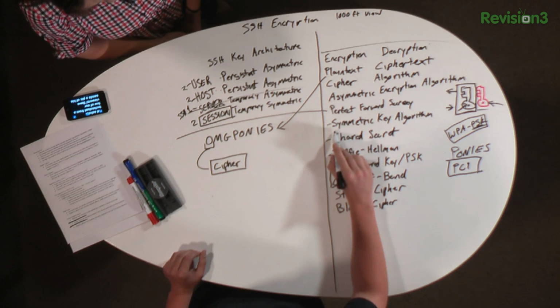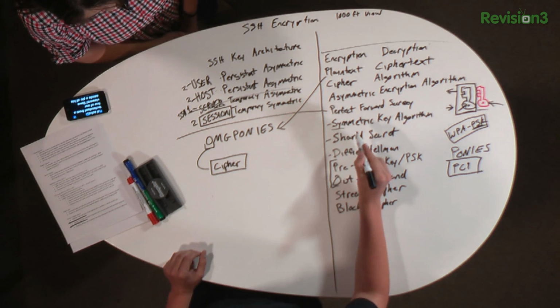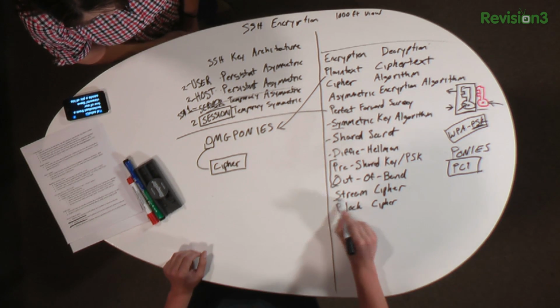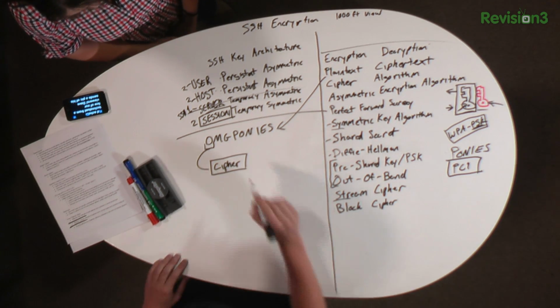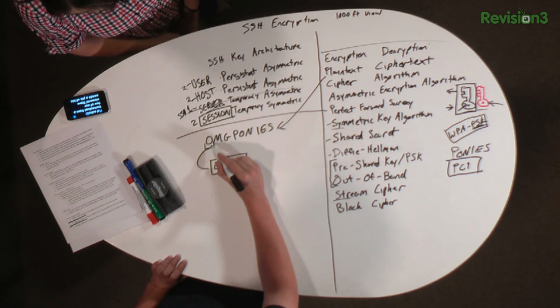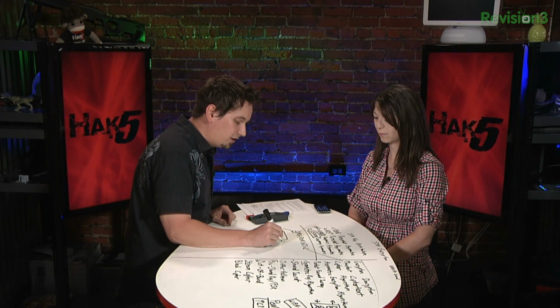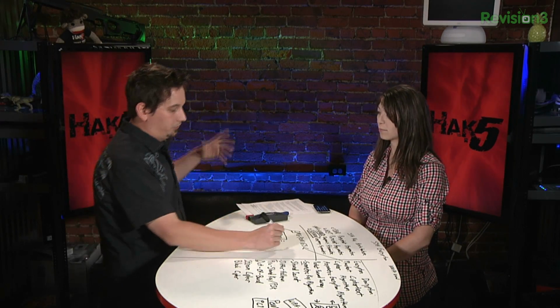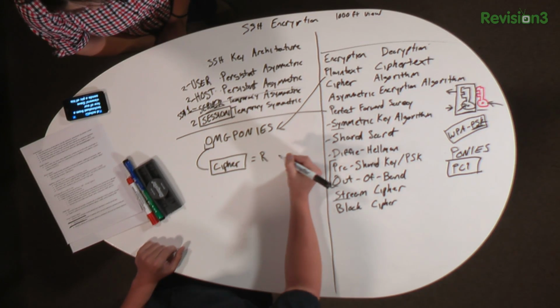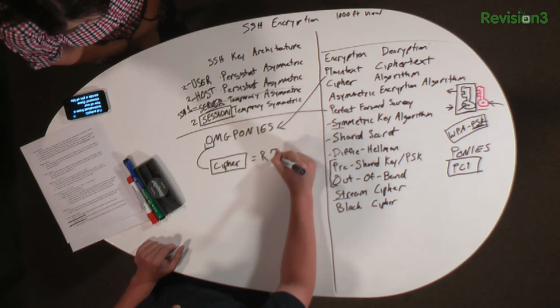In this case, the encryption algorithm happens to be symmetric, and it happens to be of the stream cipher type. And so this is going to say, oh, you gave me an O. And I'm going to take some other cool data, these random numbers that we come up with, this key stream and whatnot, and I'm going to say that equals R, because R is a fun letter, or it equals 7, or something like that.